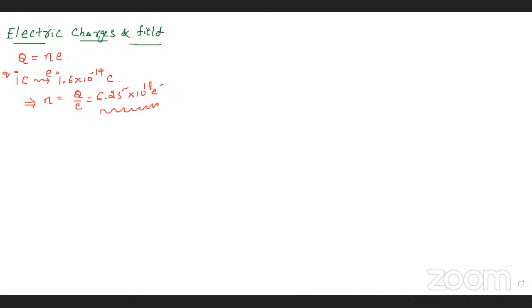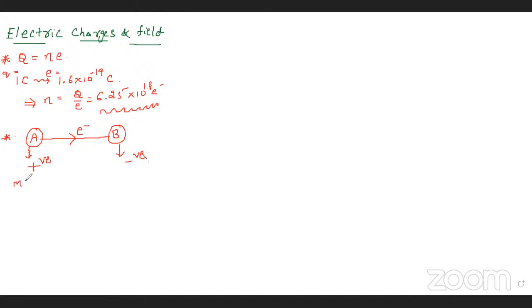So this is the basic formula. Now, if I consider two bodies, body A and body B, and electrons are moving from body A to body B, body A will become positively charged and body B will become negatively charged.